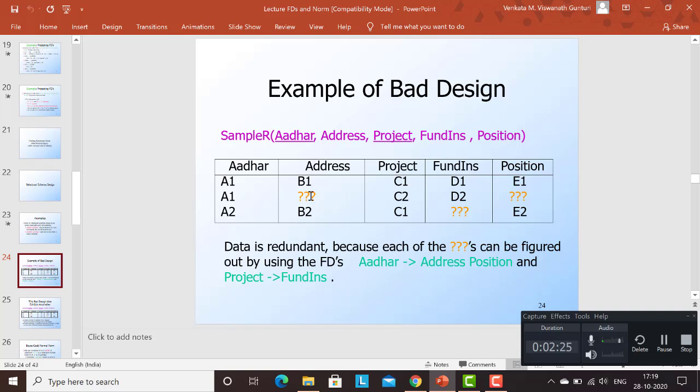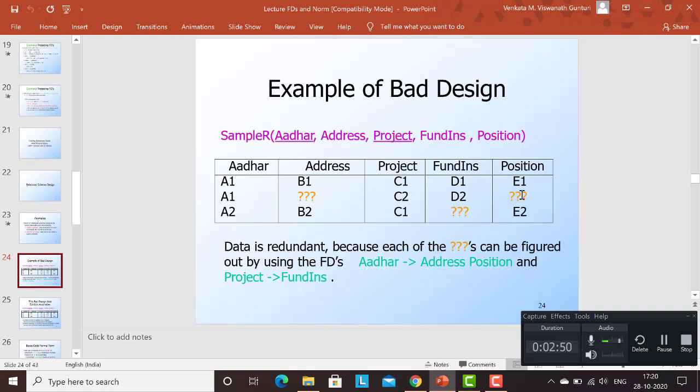First of all, the data is redundant. For example, the address of the faculty is repeated across tuples. If a faculty has more than one project, then the address information of the faculty is repeated, and so is the position.